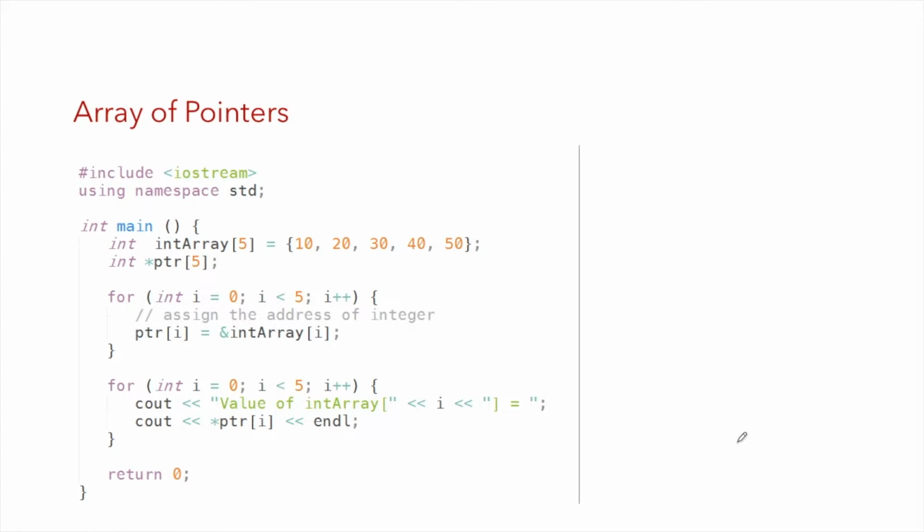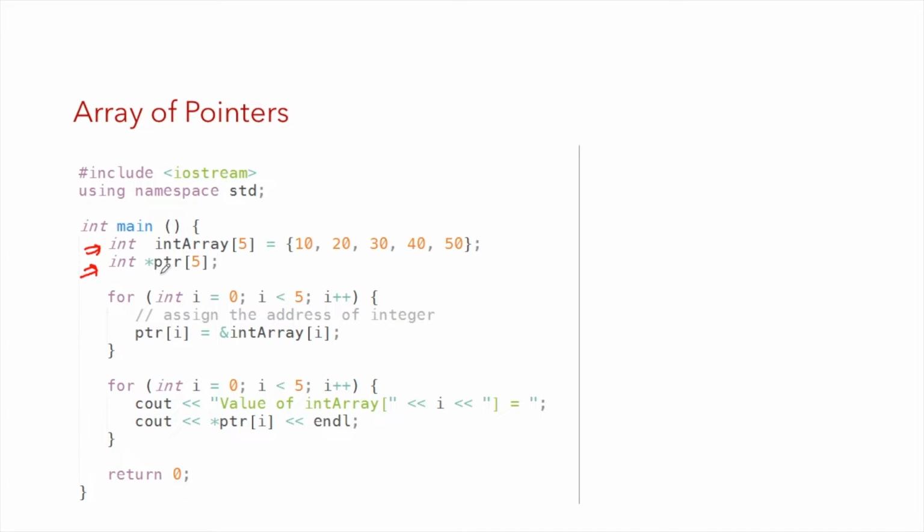Now in the next slide we are going to talk about array of pointers. Like we have an array of variables, we can also have arrays of pointer variables. So this is one integer array, and then we have one integer pointer array.